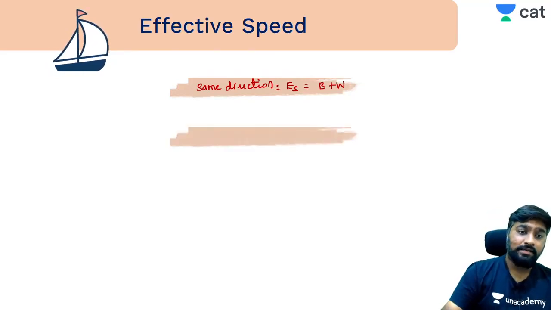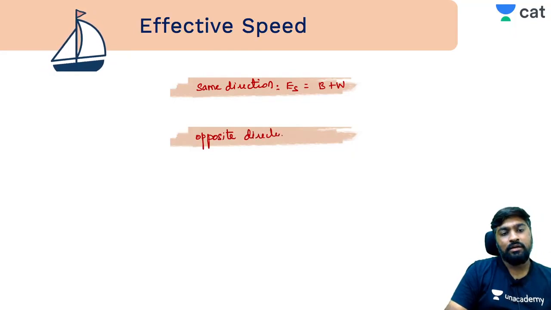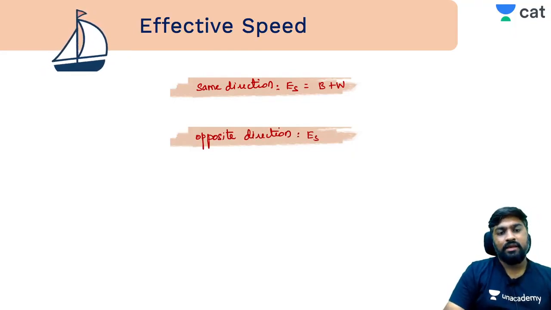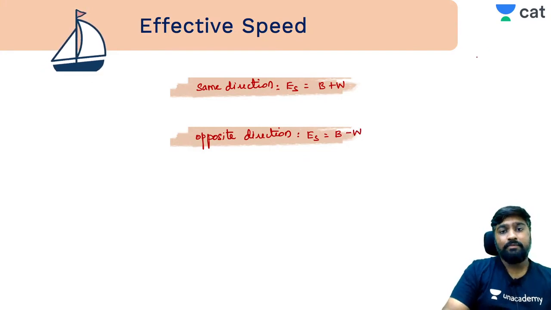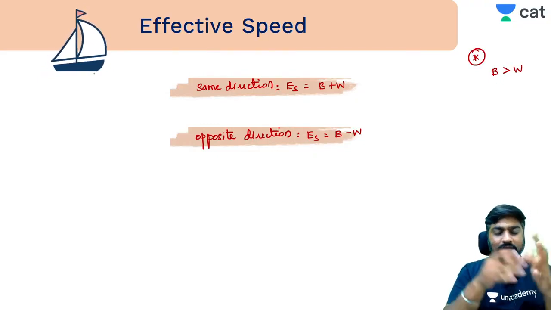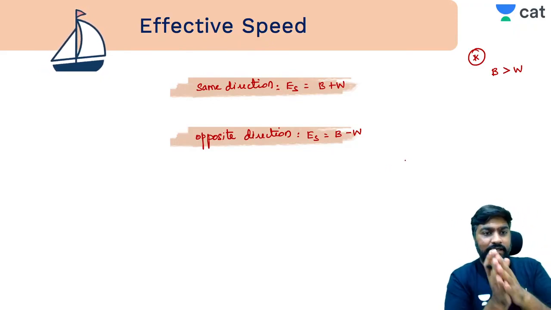On the other hand, if they are moving in opposite direction, that is, the water is moving against the direction of the boat, the effective speed is the speed of the boat minus the speed of the water. Always remember that the speed of the boat must always be greater than the speed of the water, otherwise it nullifies everything. Yeah, cool.